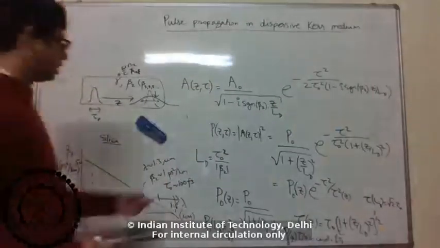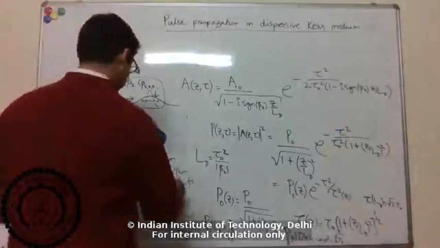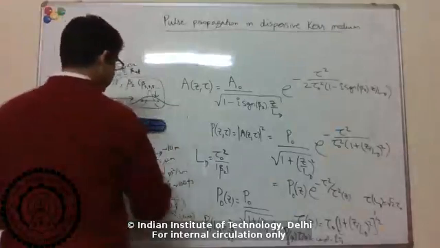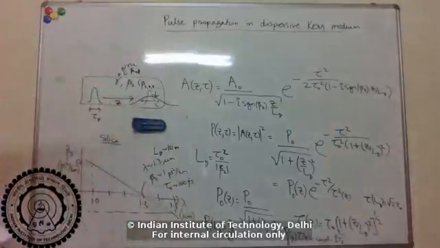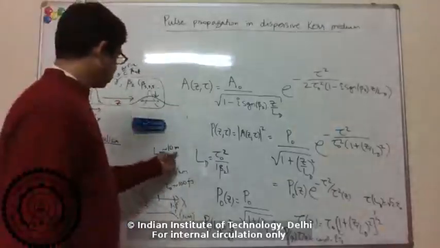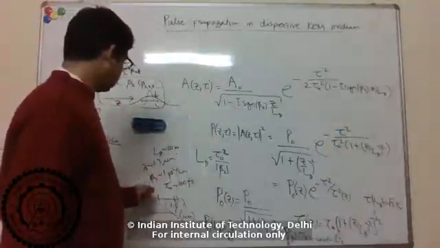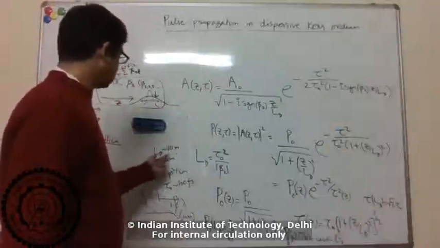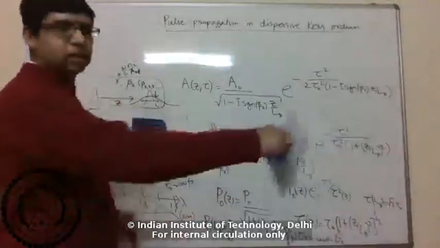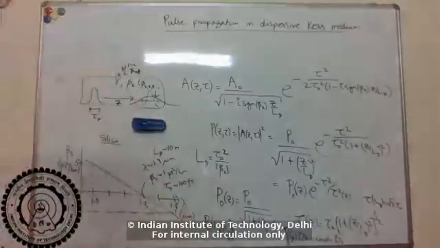For optical communication, we usually use longer, like 10 picoseconds or longer. In this case, you will get LD to be about 10 meters. Okay? So you can see for a short pulse, like 100 femtoseconds, even though the beta 2 is very small, the dispersion length is only 10 meters, which means after 10 meters, it will become square root of 2 times its initial width.